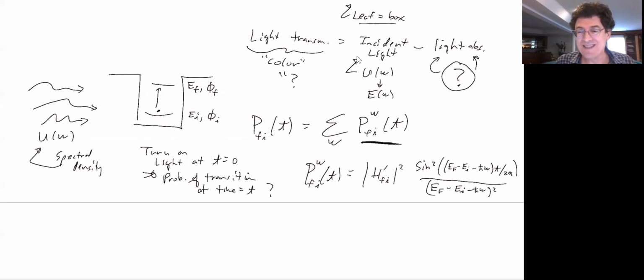We derived that. So that's a formula. That should look familiar. It's that diffraction formula. You know, we derived it.